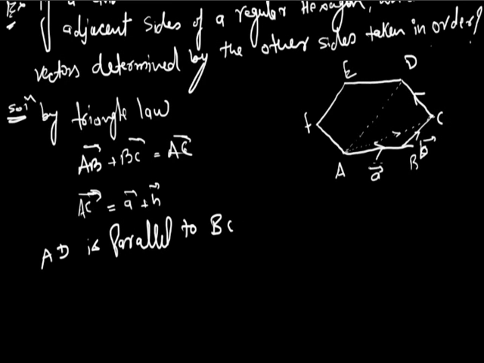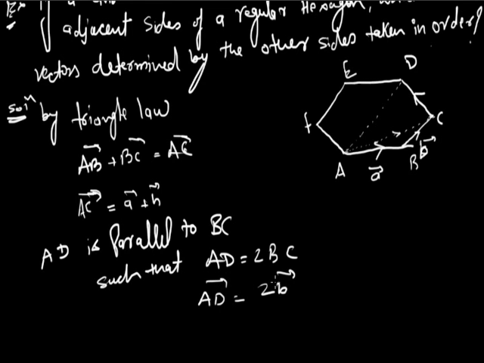Because DC is equal to AB, so this line is parallel to this line since it is a regular hexagon. So AD is parallel to BC, such that AD is 2 times BC. So the AD vector is 2b vector.